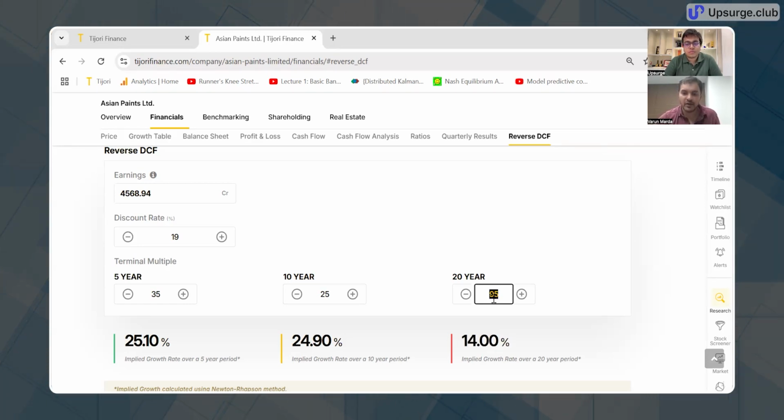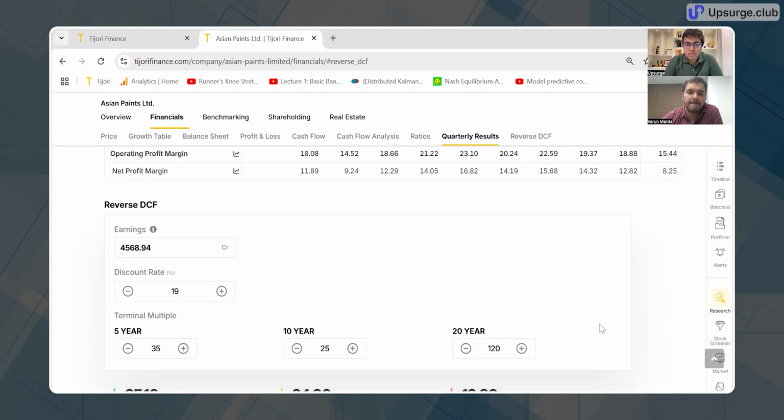For you to make money on your investment, you will know that the PE of this company needs to be a crazy PE. 20 years from now, Asian Paints PE has to be 120 for you to make 19% on your investment if you think the earnings will grow just by 12%. So it depends on which way you want to go about it.